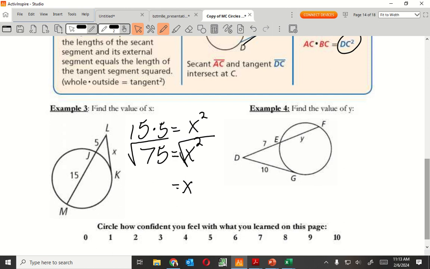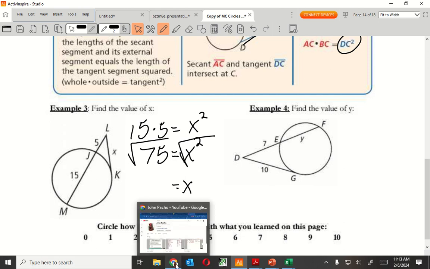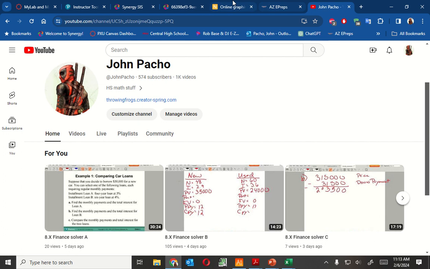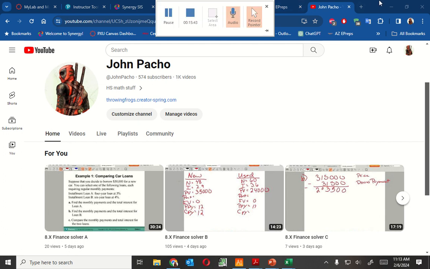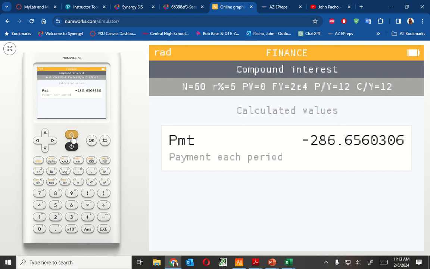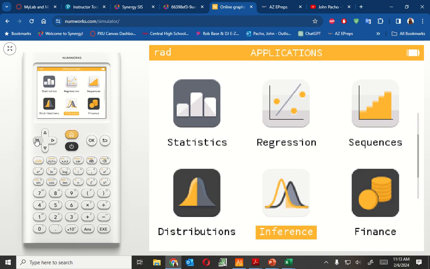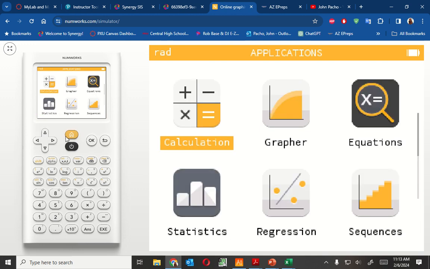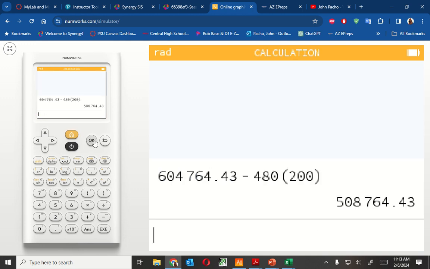And for you people that are finally bringing out your calculator, there you go. So to find square root, it is right here on the calculator if you have the NumWorks.